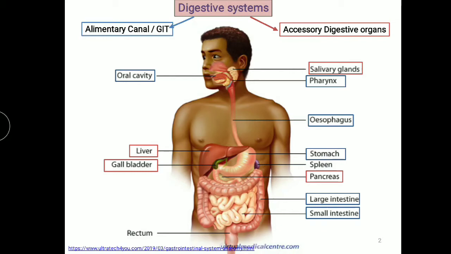Within the mouth, teeth and the tongue begin the mechanical digestion, whereas salivary gland begins the chemical digestion. Once the partially digested food enters the small intestine, gallbladder, liver and pancreas release the secretions such as bile and enzymes essential for the digestion to continue.